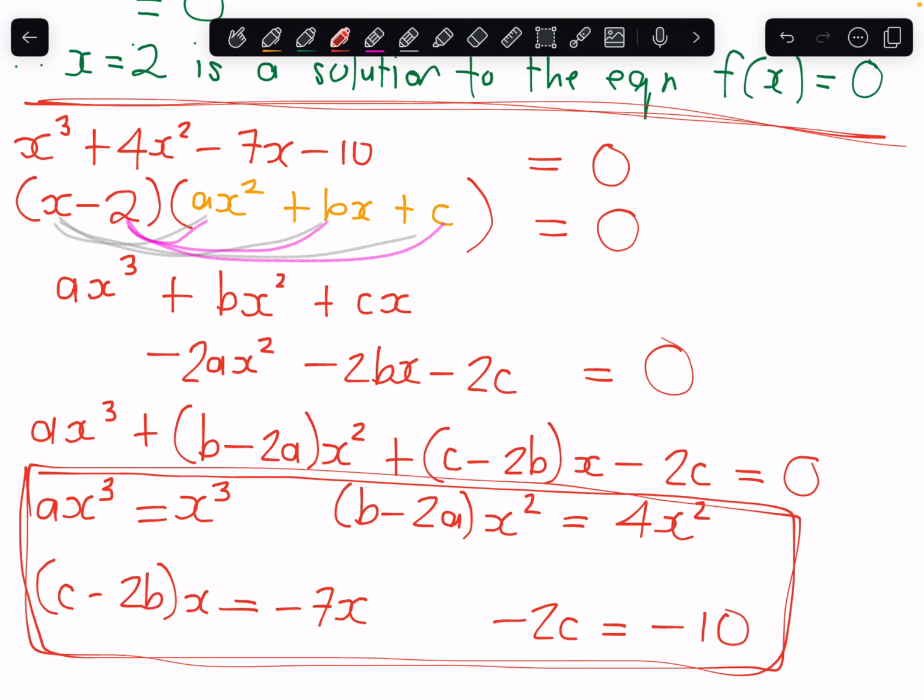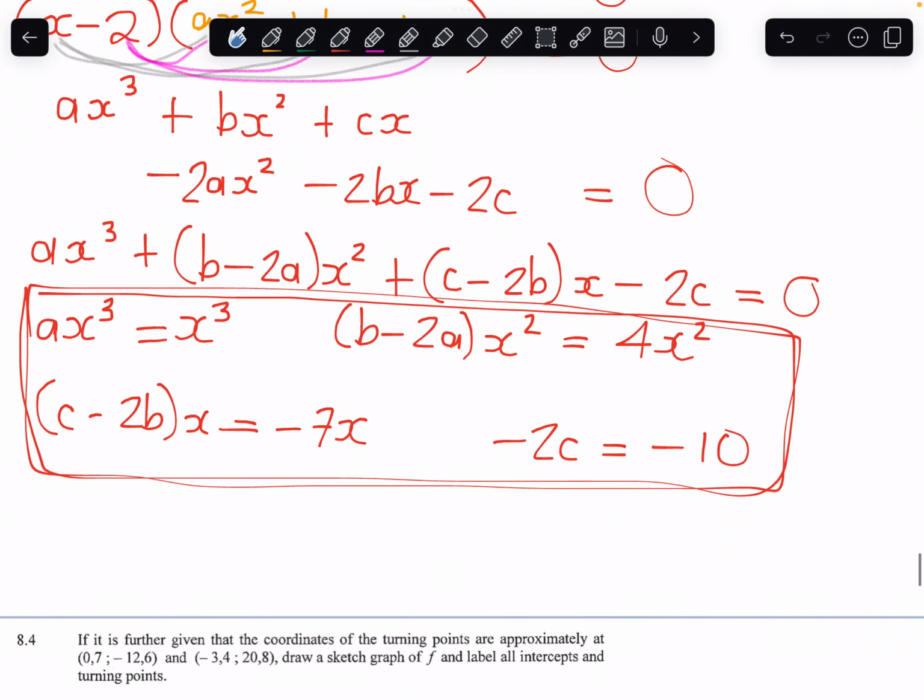So the easiest one is a is equal to 1, right? We can see that straight away. The invisible one over there. And c must be equal to 5, because negative 2 times 5 is equal to negative 10. And then we can use either of these to figure out what b is. So let's use one of them. We know that b minus 2a is equal to 4.